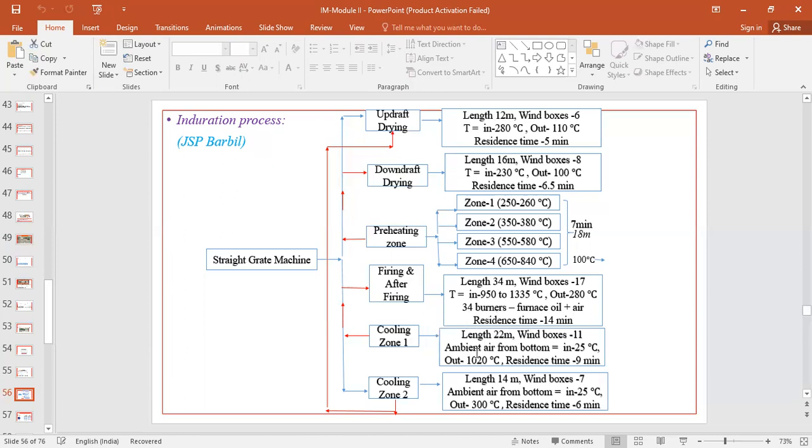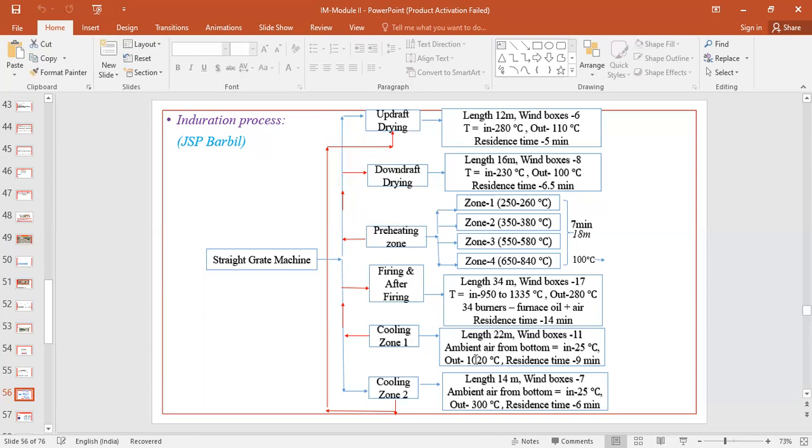And then you have cooling zone 1, where its length is around 22 meters. Again, 11 wind boxes are there. Here we are doing the suction of air from the ambient atmosphere, and the heat coming out from cooling zone 1 is around 1020 degrees centigrade.